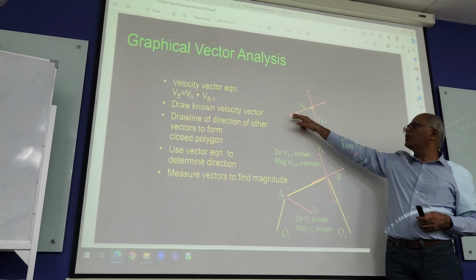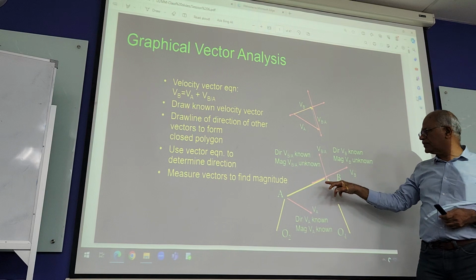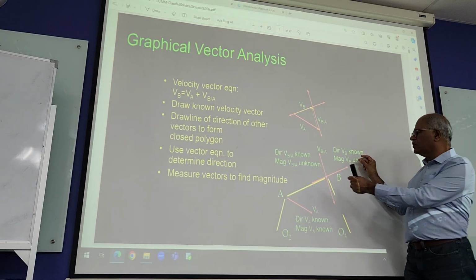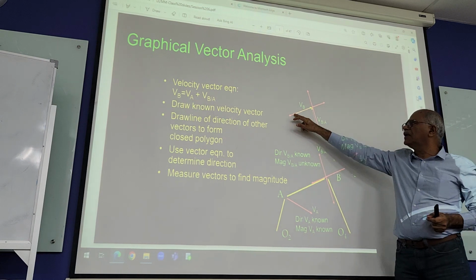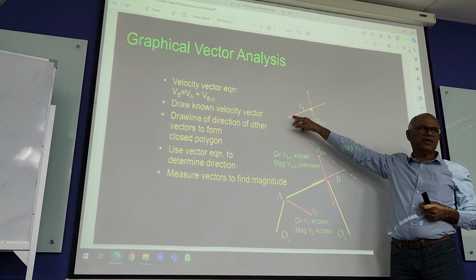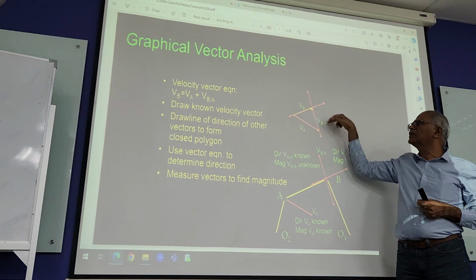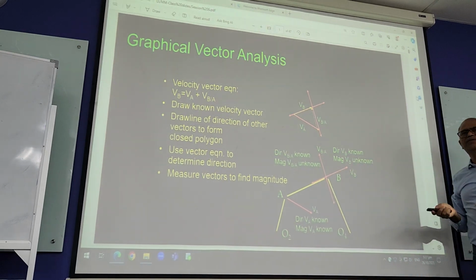Now go back, and you know the direction of velocity B. Just slide this to the origin from where you started velocity A. So now the velocity triangle or polygon is done.